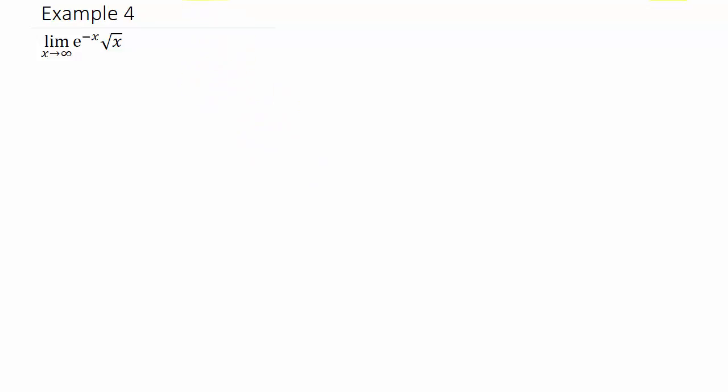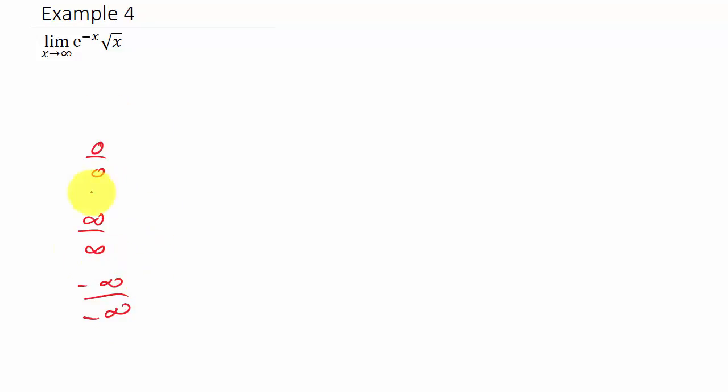So let's see if we can rewrite this and get it into one of the forms, either 0 over 0, or infinity over infinity, or negative infinity over negative infinity.